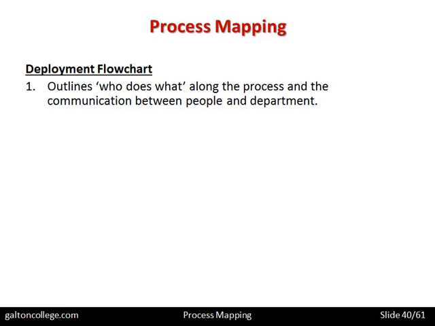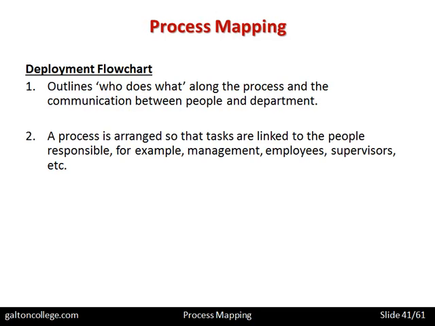So this is the who does what: which workers are involved at which stages, which charge hand or foreman is involved at which stages, which manager is involved, where responsibility is passed along the whole process, what the communications between them are, how the communication systems work, and how smooth the whole process is.